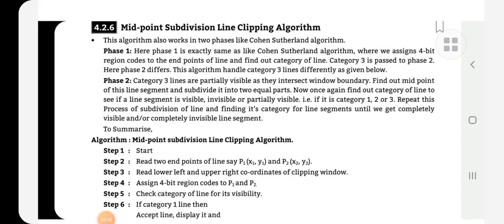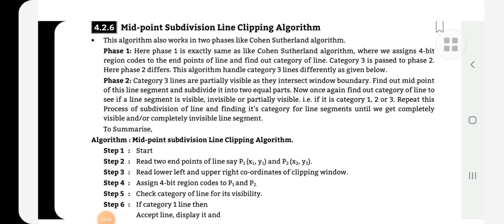Phase 1 is exactly the same as in the Cohen-Sutherland algorithm, where we assign the 4-bit region code to the endpoints of the line and find out the category of a line. Then category 3 is passed to phase 2, and here phase 2 differs. This algorithm handles the category 3 lines differently, as given below.